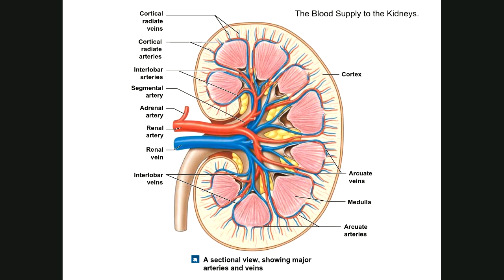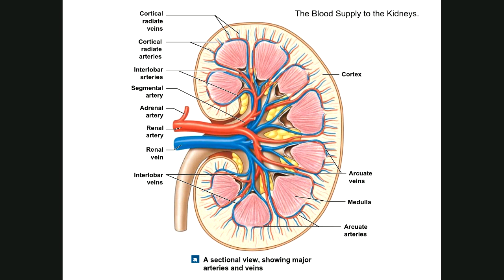So let's look at the blood supply for the kidney. It starts with the arteries. We have the segmental artery that is branched from the renal artery. It receives blood from the renal artery, and it gets divided into interlobar arteries. They go into the lobes.